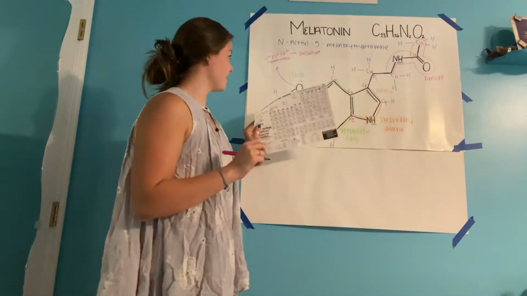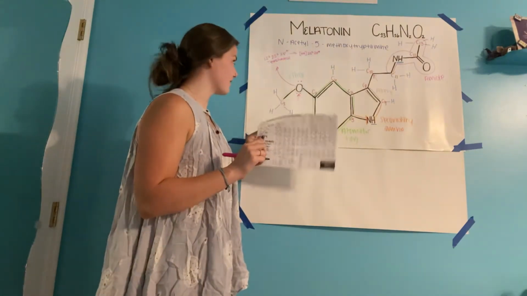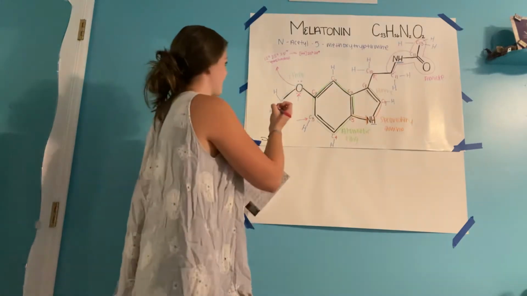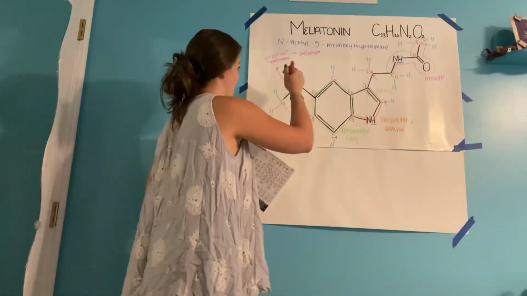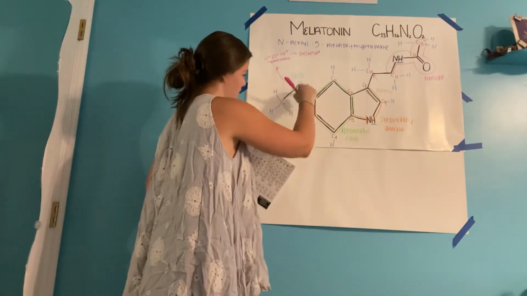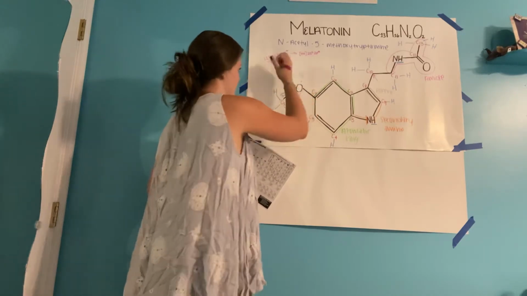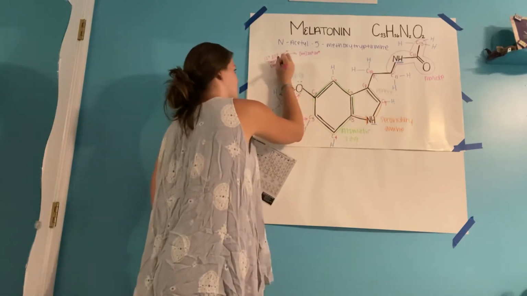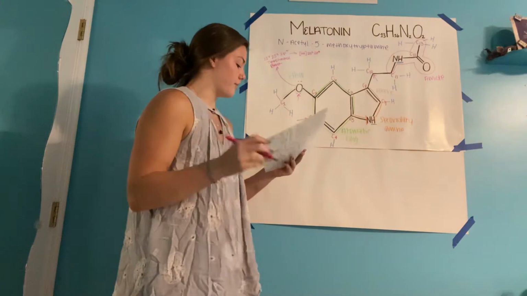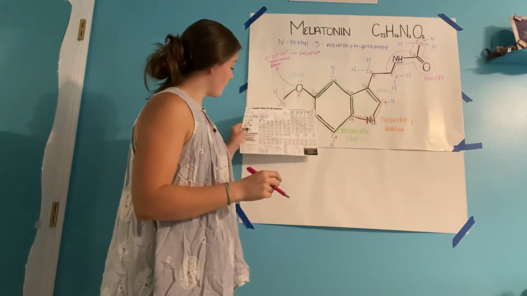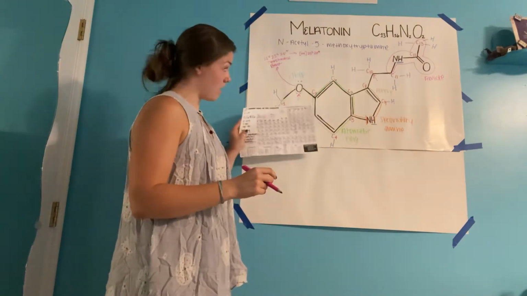The next would be the molecular geometry, and since this has 2 lone pairs, they go up above, and this would be bent molecular geometry. So that's all for the oxygen.